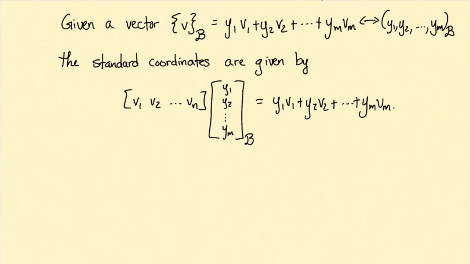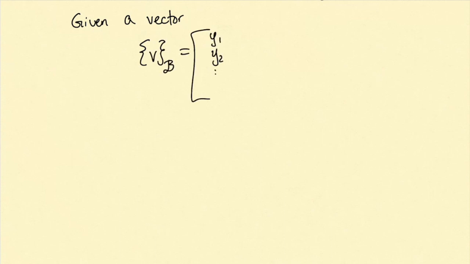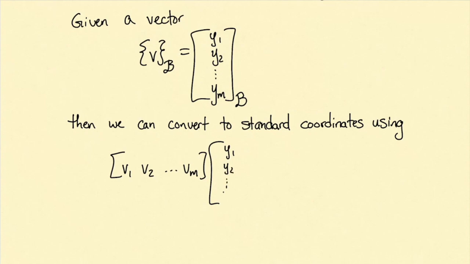matrices. If we're given a vector, V, inside curly braces subscripted with B, which we think of as a vector in the coordinate system defined by B, having entries y1, y2, down to ym, then we can express this vector in standard coordinates simply by multiplying it on the left by the matrix whose columns are the elements of the basis.